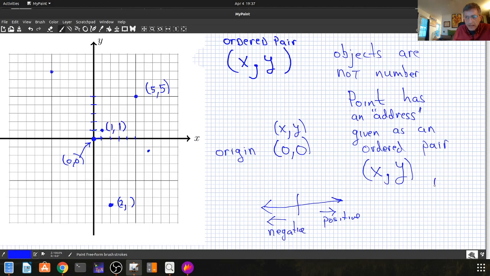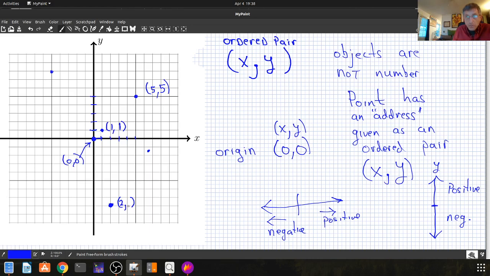When we look at the y-axis, this dark line right here, we also divide it at the middle at 0. Numbers up here at the top are positive, and numbers down here are negative. So I found that the x value of this point is 2.